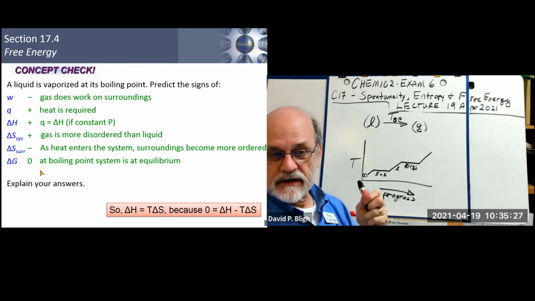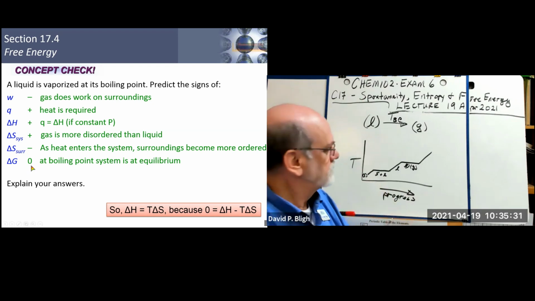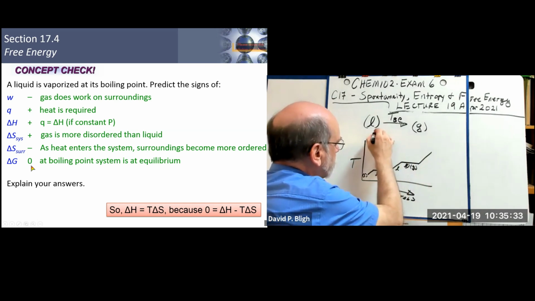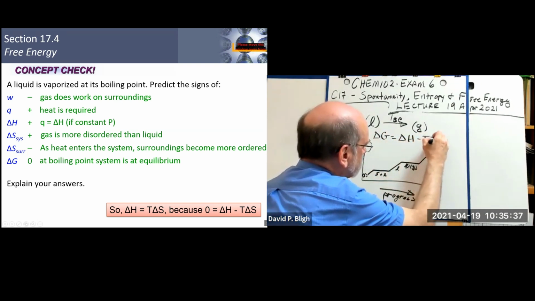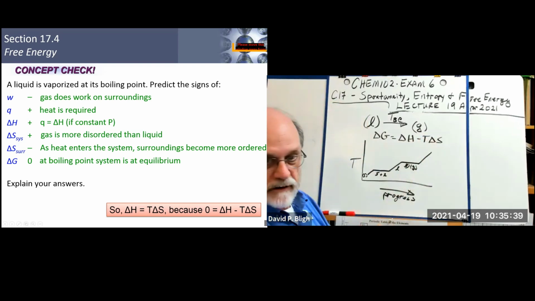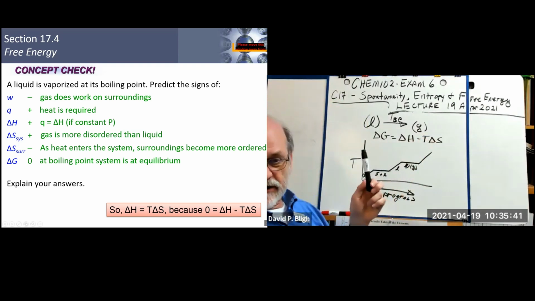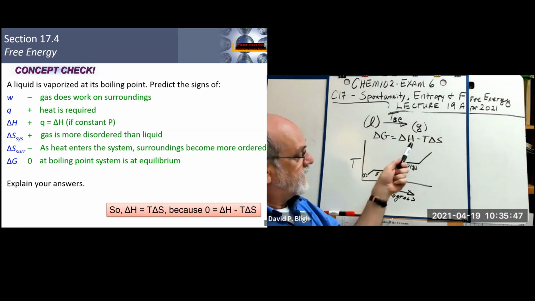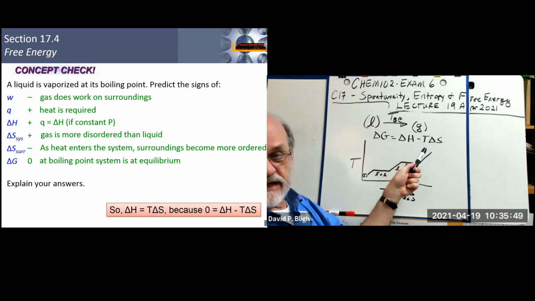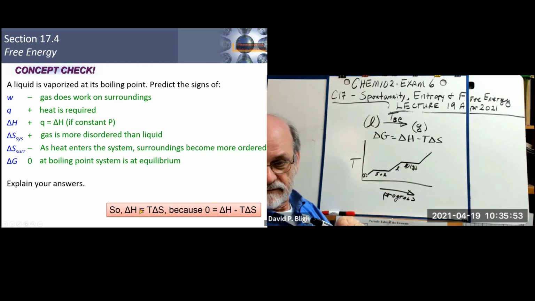Also, in this case, delta G being equal to 0, then if we say that delta G is equal to 0, of course, then delta H is equal to T times delta S, right here.